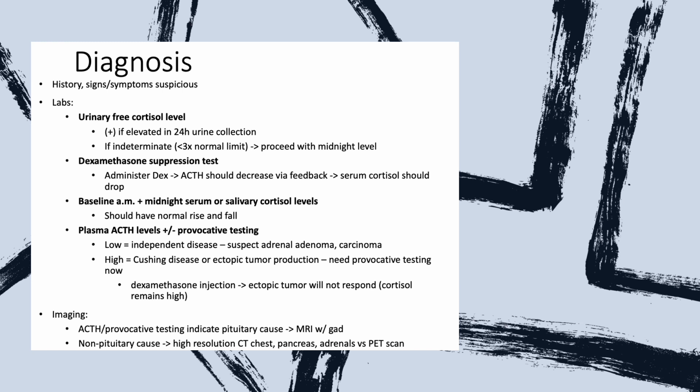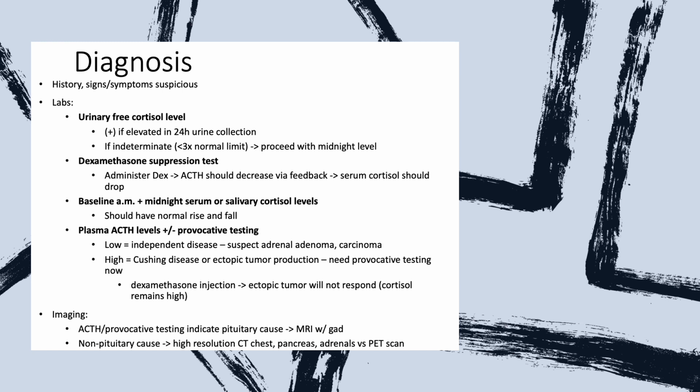Now, if our ACTH is high, that's indicative of Cushing's disease, a pituitary problem, versus an ectopic tumor. Perhaps you suspect lung cancer in this patient, or they have a history of lung cancer, okay? So then we need some provocative testing to decide if this is a primary pituitary issue or if there's ectopic tumor production.